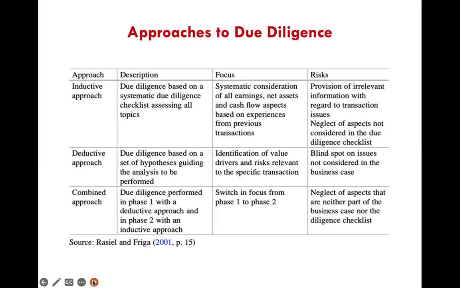The risk of an inductive approach is that it is likely to focus on irrelevant materials, or it may end up generating information that is not relevant to the transaction at hand, right?